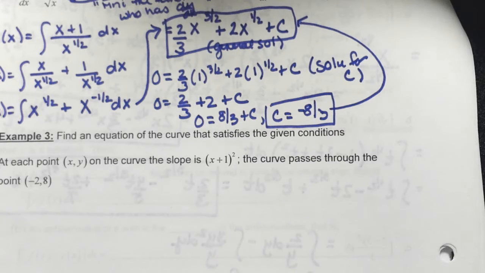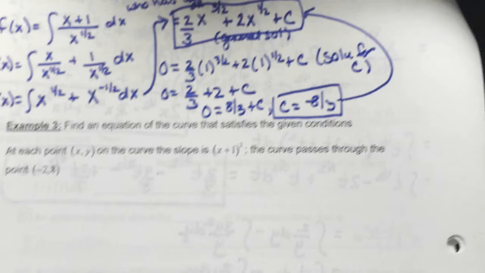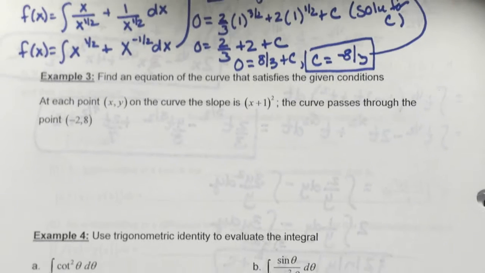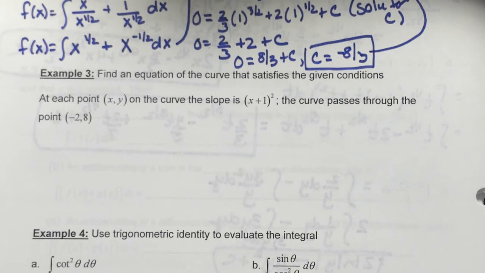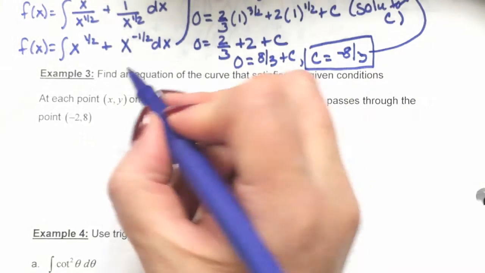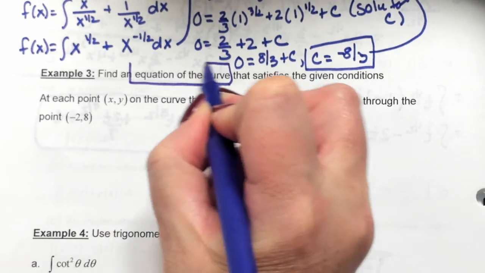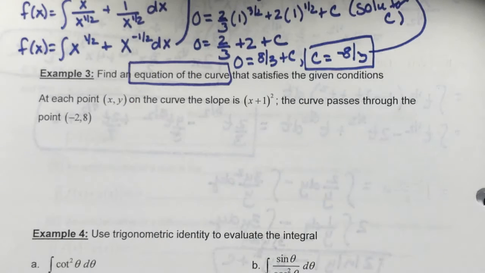So here's another spin-off on a way a question could be phrased in terms of an initial value problem. Find an equation of a curve. So now we want to find an actual equation of some curve, maybe a function, that satisfies the given conditions.